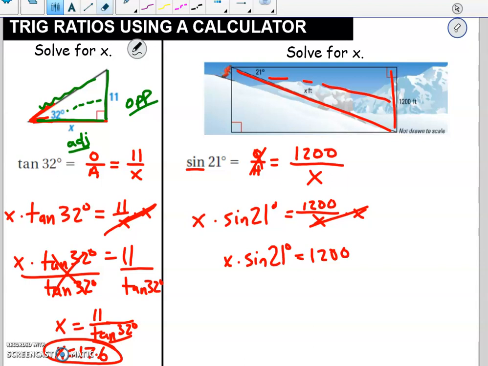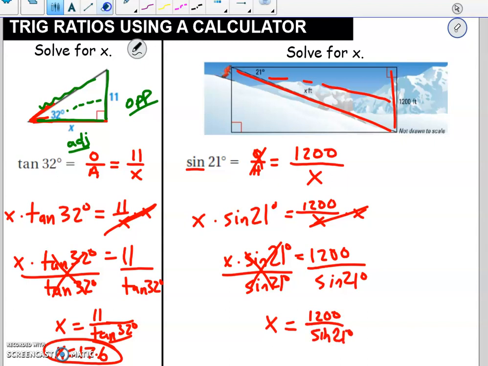Remember, sine of 21 degrees is a specific value. It's a ratio that holds true for every right triangle that has a 21 degree angle in it. Okay, so I'm going to divide both sides by sine of 21, that specific value. And if I do it on one side, I need to do it on the other side. Okay, that'll cancel out here. I'm left with x equals 1200 divided by the sine of 21 degrees. So what in the world's the sine of 21 degrees? You don't really have to know specifically what it is, because you can just plug it into your calculator and it'll spit out that value for you.